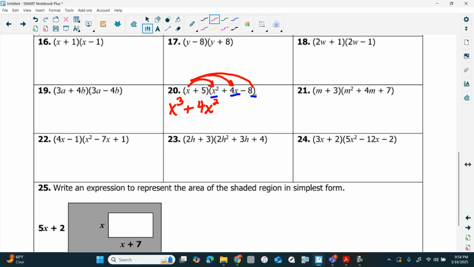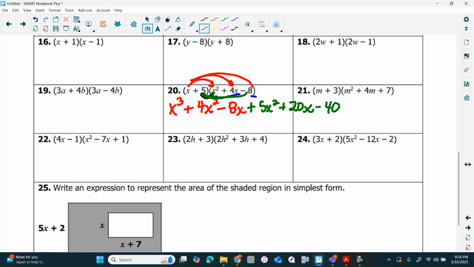And then x times minus 8 is going to give you a minus 8x. Then I'm going to go to the second term. Sorry. 5 times x squared is going to give me 5x squared. 5 times this 4x is going to give me 20x. And then 5 times minus 8 is going to give me negative 40.